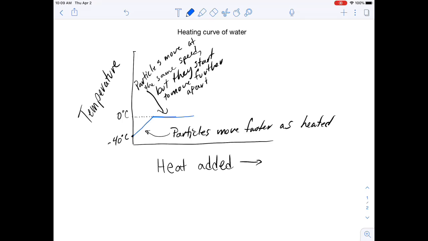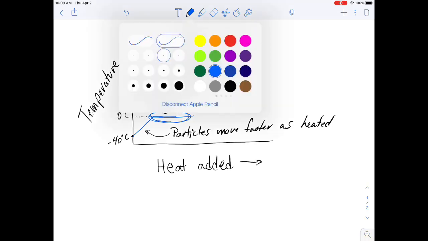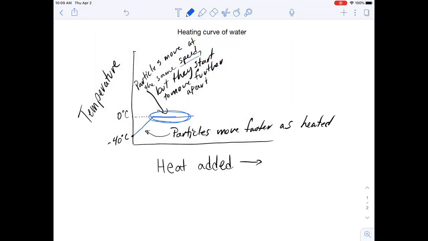So in this section in here, the ice particles are becoming liquid water particles, and their particle speed stays constant, but they're moving further apart. Once we get to the stage where the ice particles have become liquid, then the particles can start to speed up again.